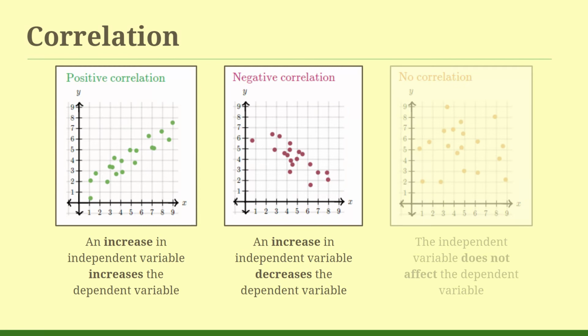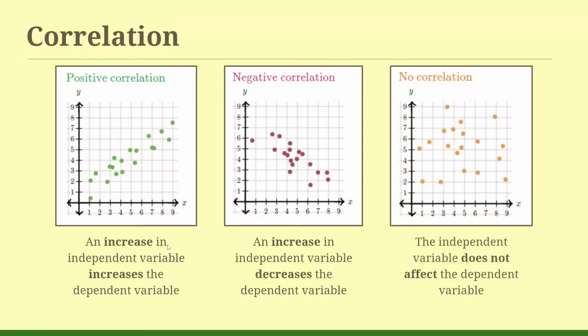So if we see these 3 shapes, then we can make certain claims about the variables, and this would be very useful in your evidence portion of your CER, because you'll be able to look at your graph, and then based on the shape of the graph, that can be evidence to support whatever you claim, which your claim could be that it does have an effect or it doesn't have an effect on the speed of the wave.